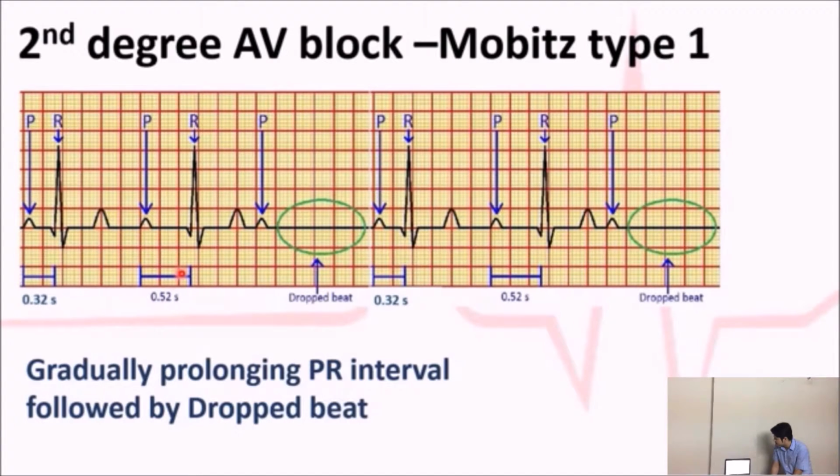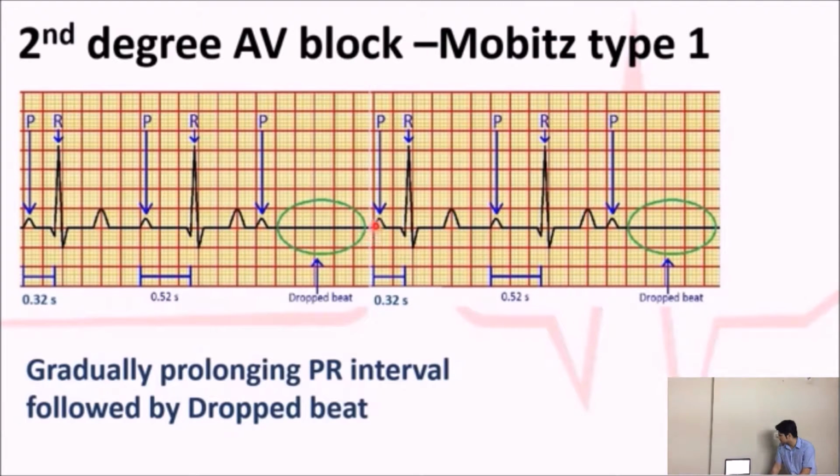So total 13 small squares, so you get 0.52 seconds, which is more than 0.32 seconds. So PR is gradually getting prolonged. Now the next beat, if you see, there is a P wave but QRS is dropped. Correct. So when PR is gradually prolonging and after that, at one P wave the QRS drops, it tells there is a second degree AV block, Mobitz type 1.